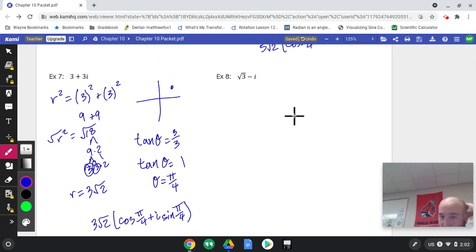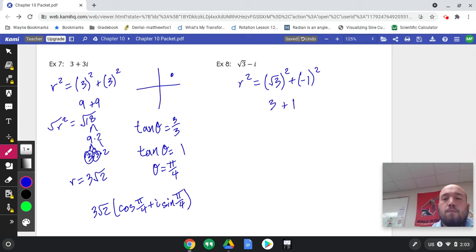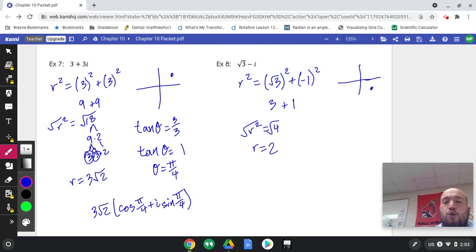All right, one final problem here. So we square both of these. And this one's a little easier. We'll get r to be 2. Now it's positive and then negative, so down here in quadrant 4, tangent of theta equals y over x, so negative 1 over square root of 3.